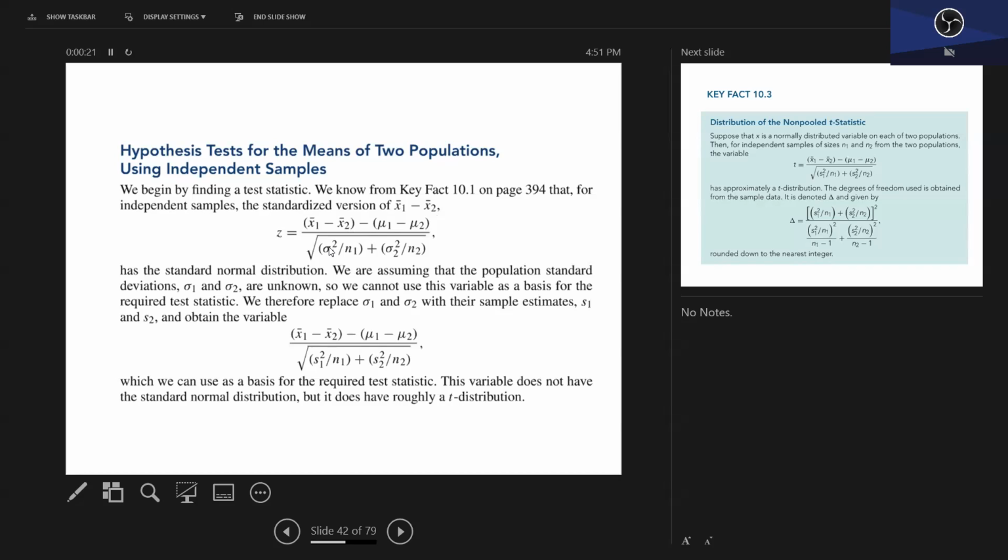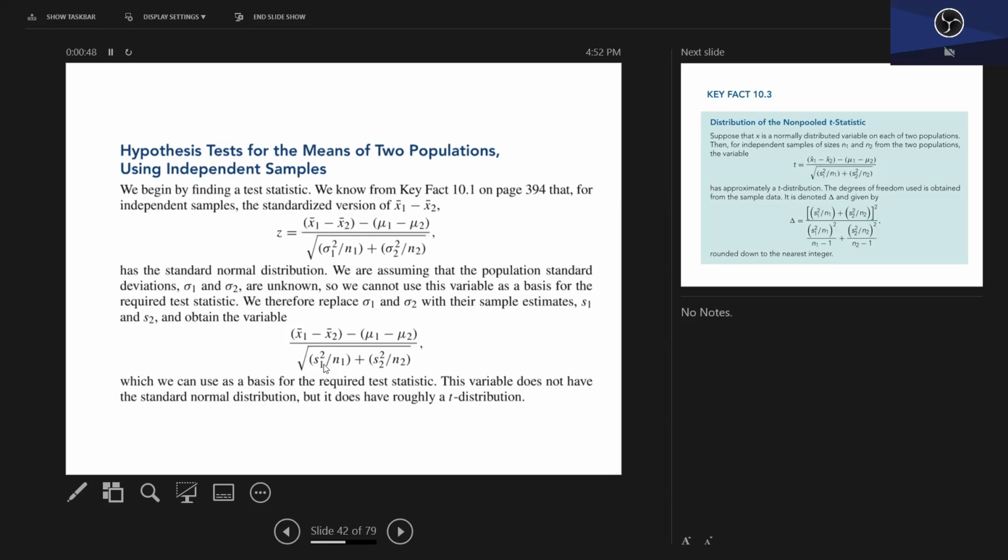In 10.2, the pooled t-test, we assume the sigmas are the same, sigma 1 and sigma 2. Because they're the same, it becomes sigma, a common factor you can pull out of the square root. So that will be our test statistic for the first case.